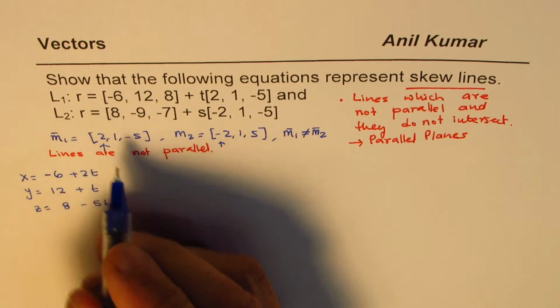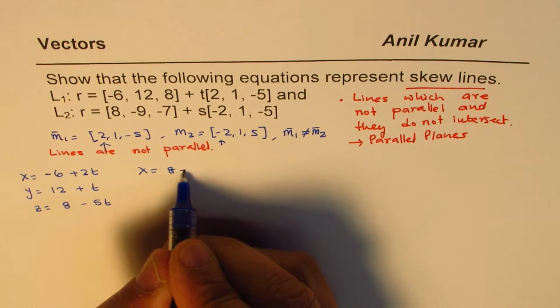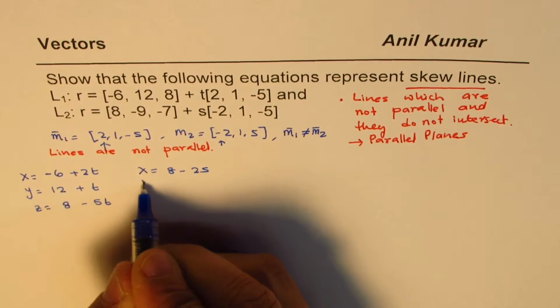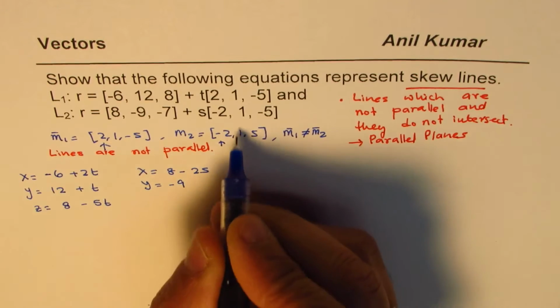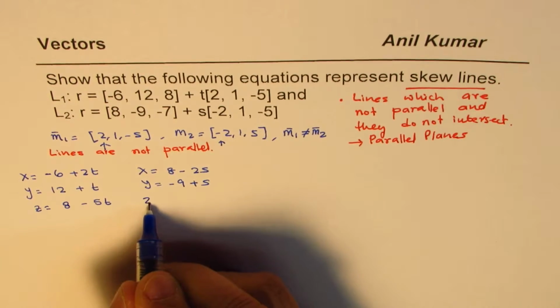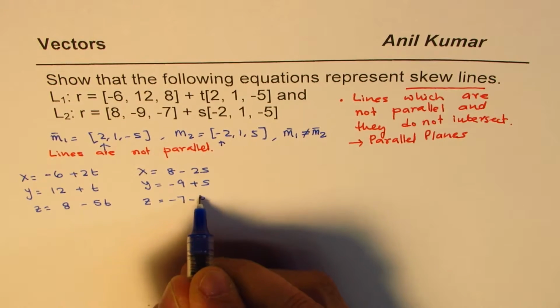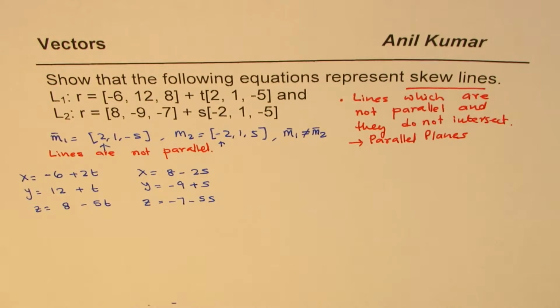For the other line, x equals 8 minus 2s, y equals minus 9 plus s, and z equals minus 7 minus 5s. So these are the equations for us.